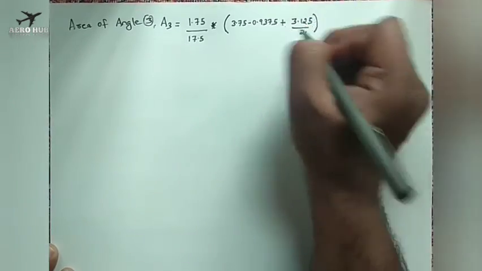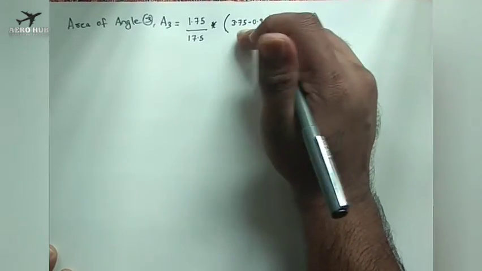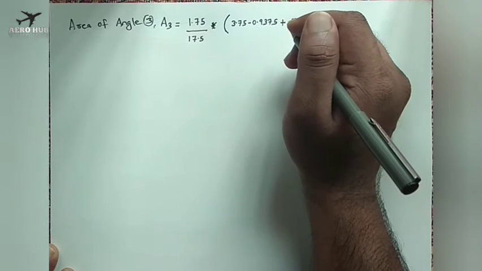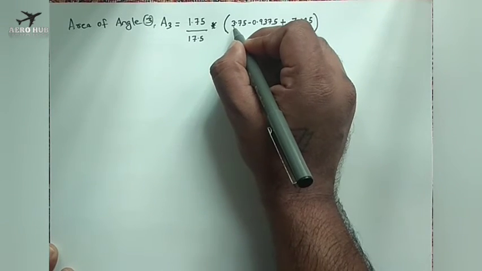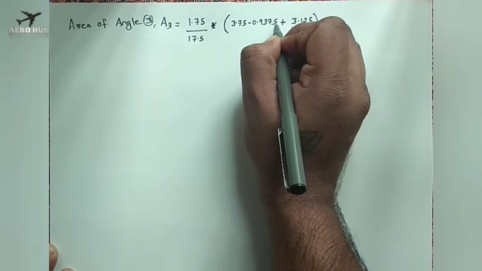Okay, so in the previous step, to find out the value of A and B, what have we done? We have done 3.75 minus 0.9375 minus 0.1 by 2.